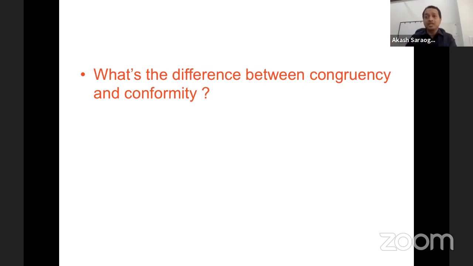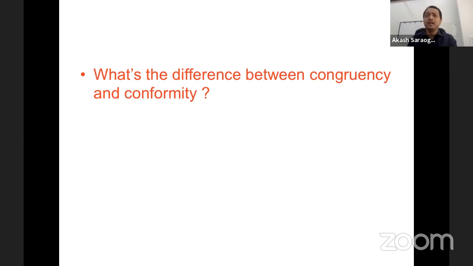Congruency was a static concept, meaning statically in one position. Conformity is in motion. In a particular motion, how two surfaces interact with each other in different ranges of motion of the joint. That is conformity, and that is more important than congruency, because it is a joint, it is going to move. So we need to know the different positions, how it interacts with each other.